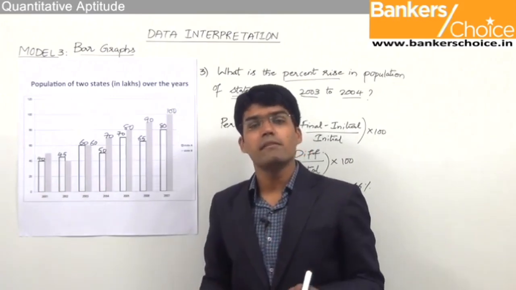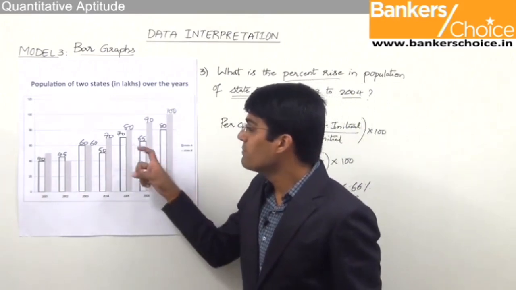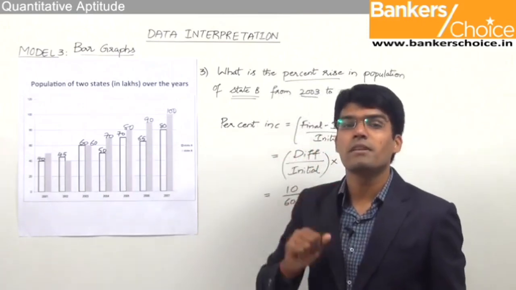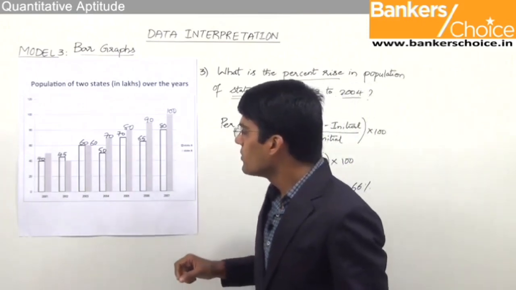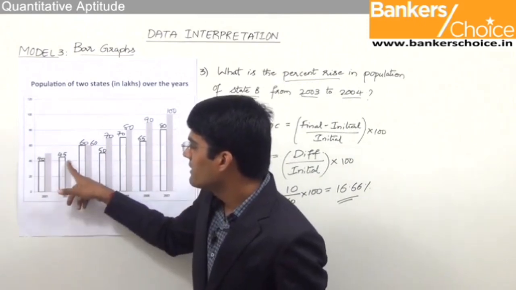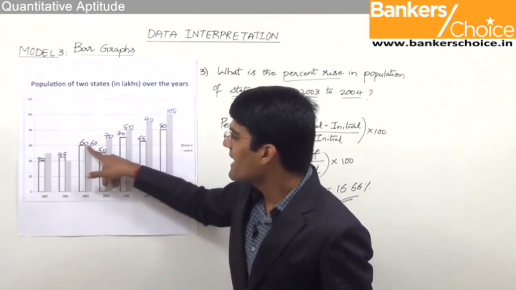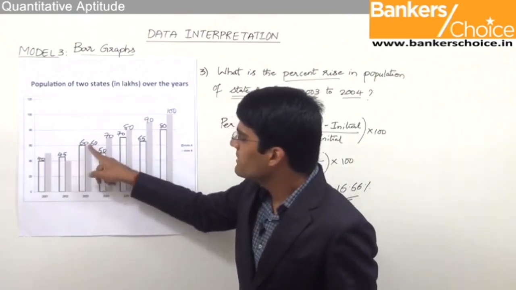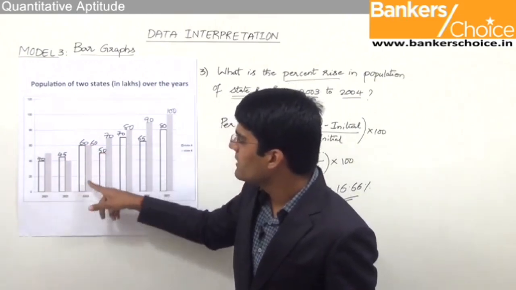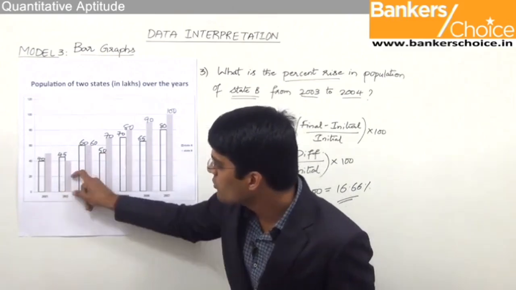In some cases, it will be very easy for us to decide what is the percentage change by simply taking the increase in the length of the bar. For example, if you look at population of state B in 2002, it is this much of length as given by the bar. And in 2003, the bar has increased. Now, without taking up these values, if we try to compare the length of the bars, in 2002, the population of state B has got 2 portions.